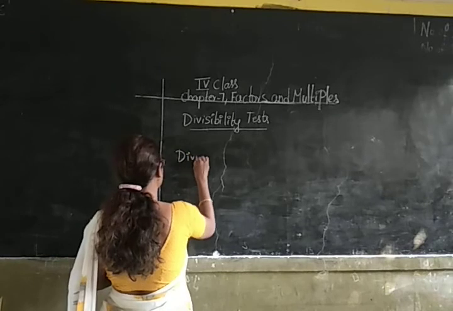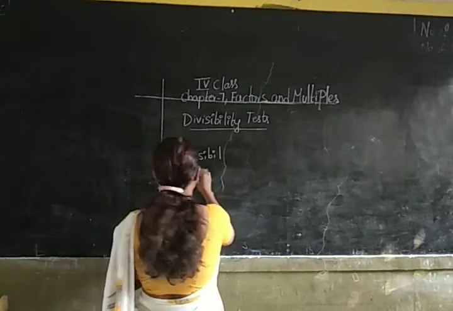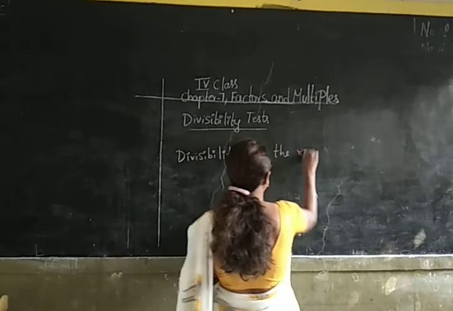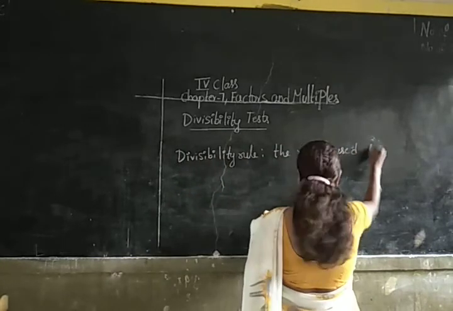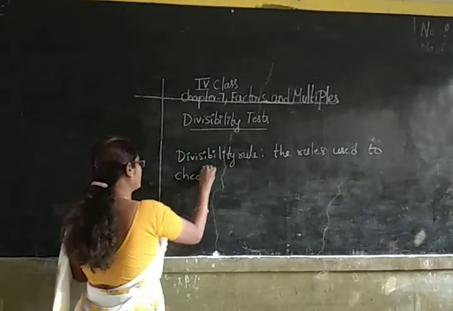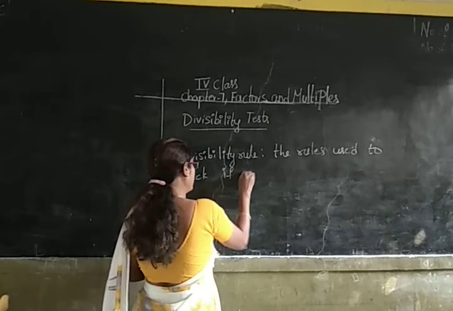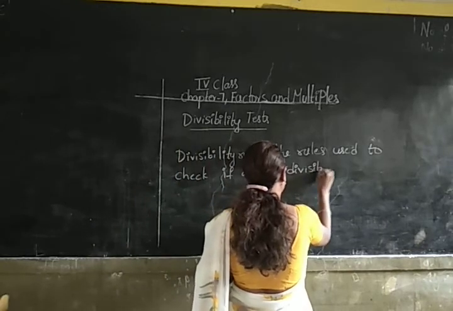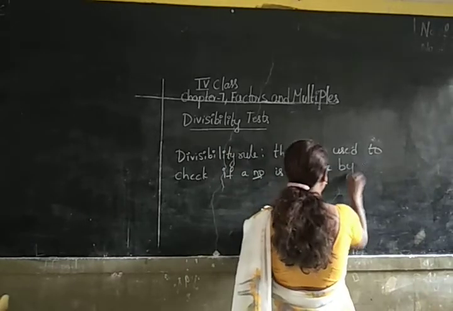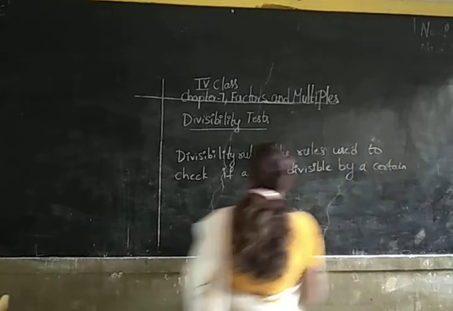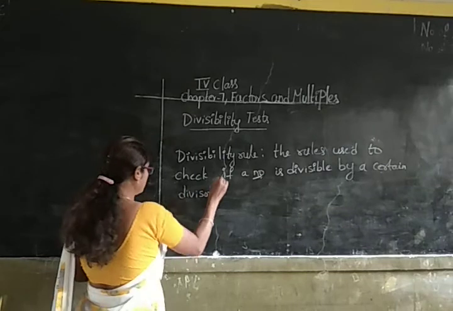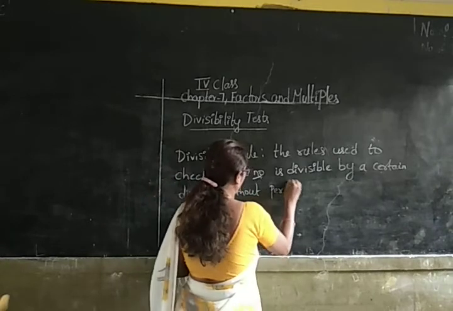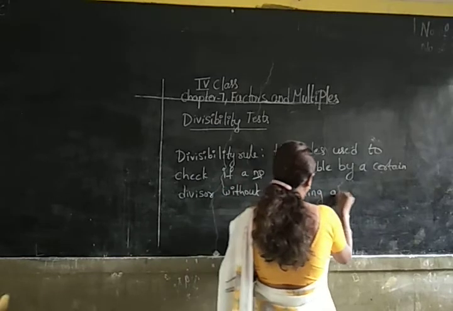Divisibility rules means the rules used to check if a number is divisible by a certain divisor without performing actual division.